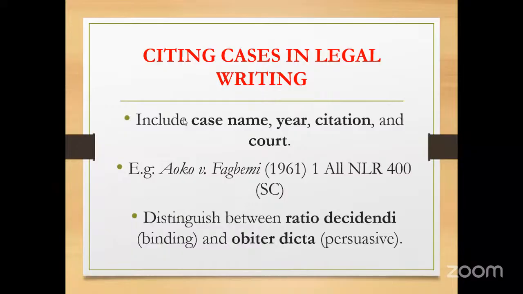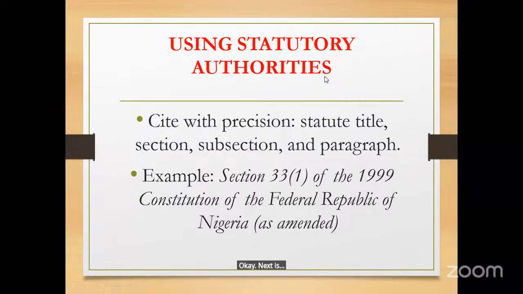Next is using statutory authorities. We need to cite with precision. That is the statute title, section, subsection, and paragraph. We have an example here clearly written: section 33(1) of the Constitution of the Federal Republic of Nigeria as amended.